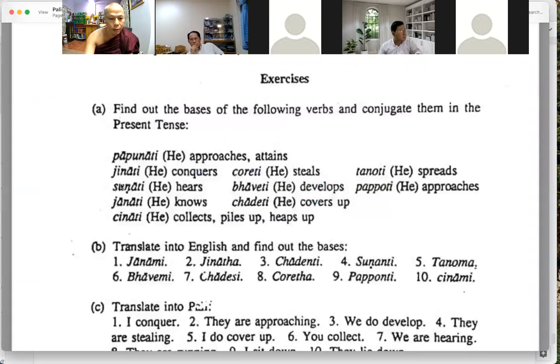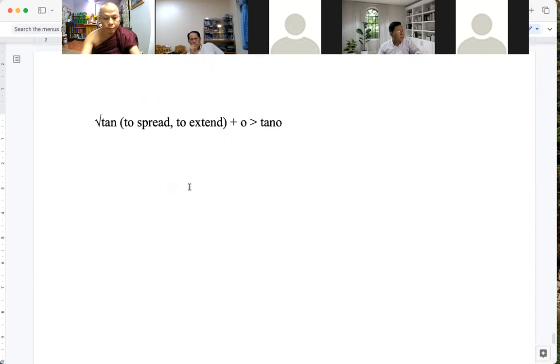And then next verb is sunati, to hear. Root is su, to listen, to hear. Sign is na.